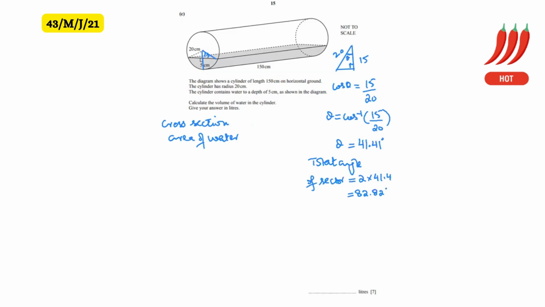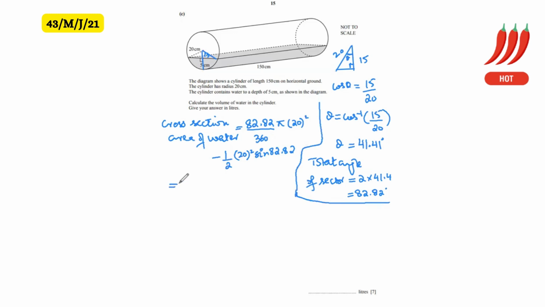So for the cross-section area of water, we do the area of sector minus area of the triangle. Now that we have the angle, we can do 82.82 divided by 360 times pi r squared, with r being 20, minus 1 over 2 times 20 squared times sine of 82.82. I'm going to separate this area so that doesn't get jumbled up.